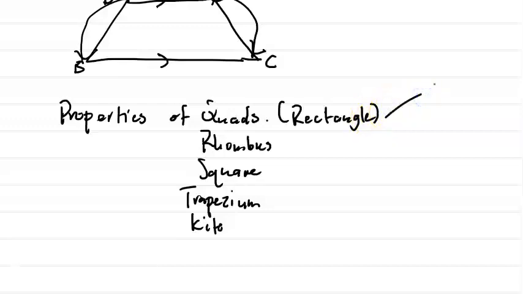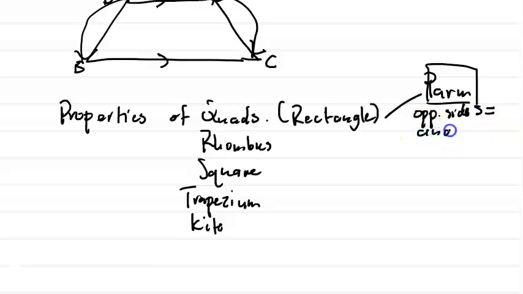The rectangle has all the properties of a parallelogram. That's important. Now remember that a parallelogram is a four-sided figure where we have opposite sides equal and parallel. So that's the first property of a parallelogram.